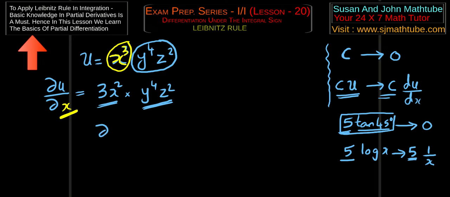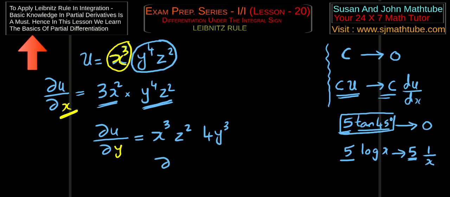Now suppose you want to find the curly d with respect to y. If you want to find the partial derivative of u with respect to y, this time y will be the variable. Who will be the variable? Y. So I keep the constants x cube and z square as such and differentiate that y part.